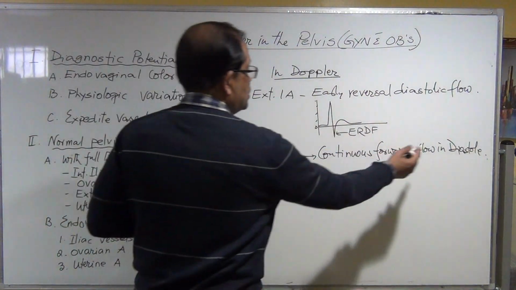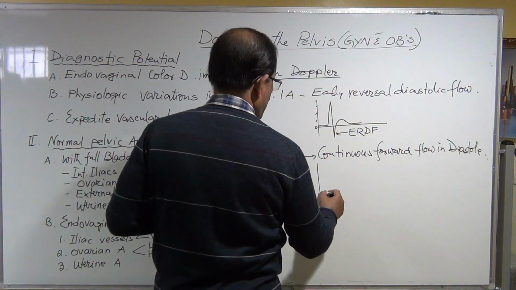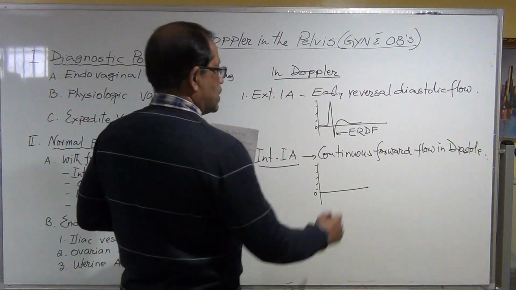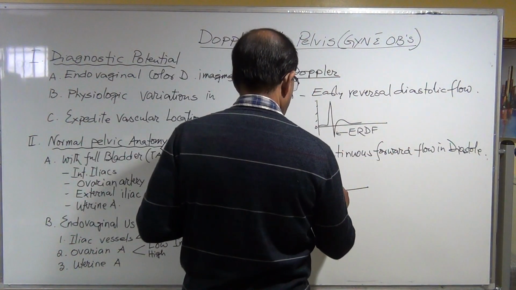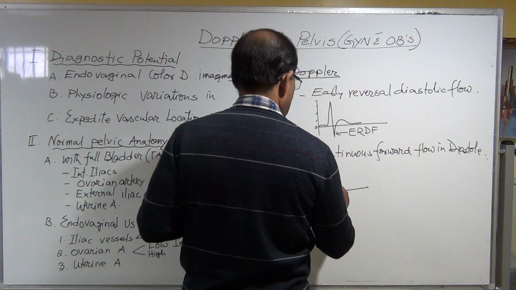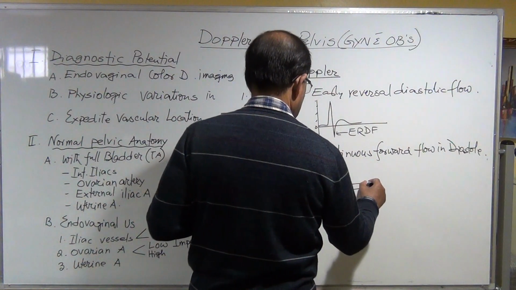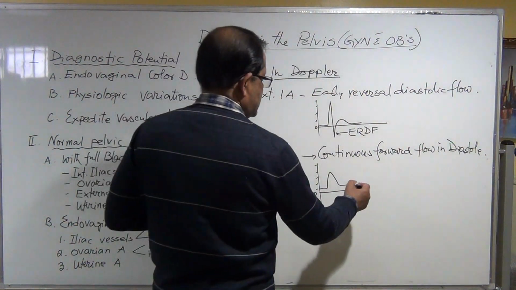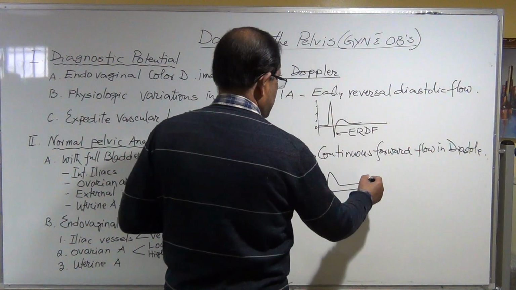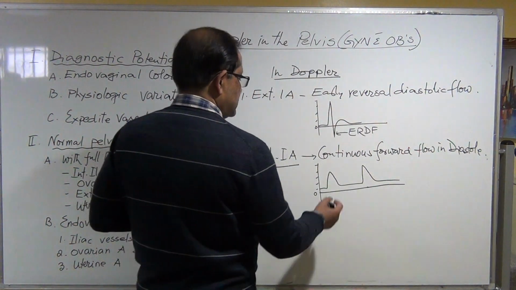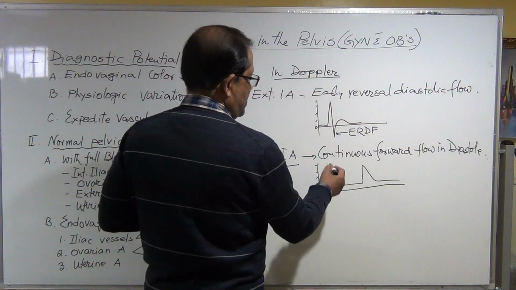So when there's a continuous forward flow, you will see this in diastole. That indicates not very resistive.